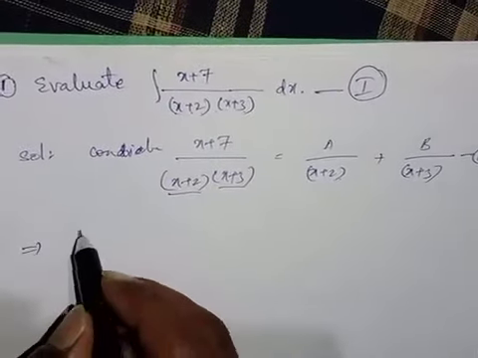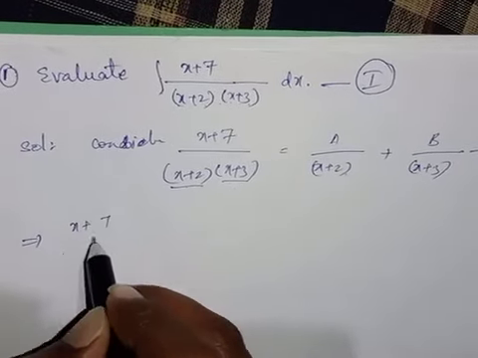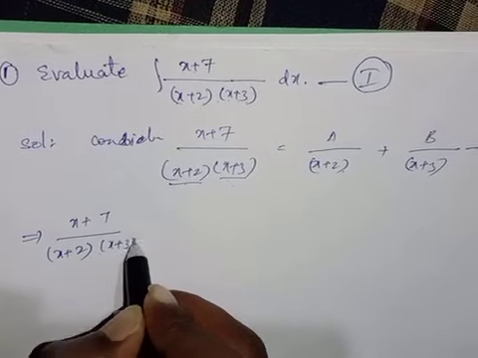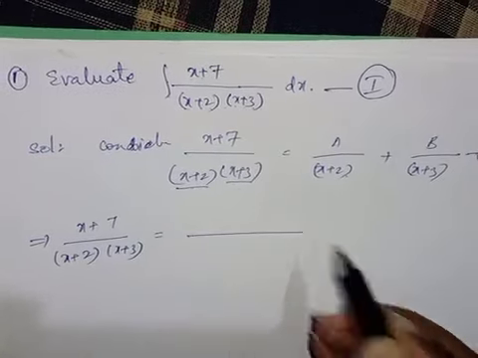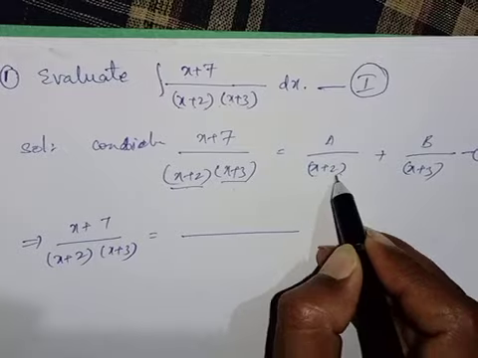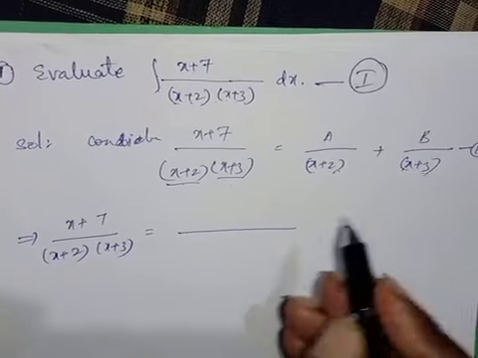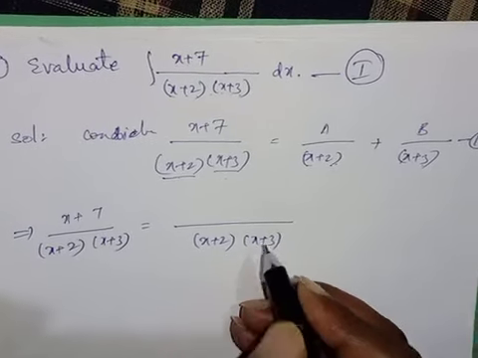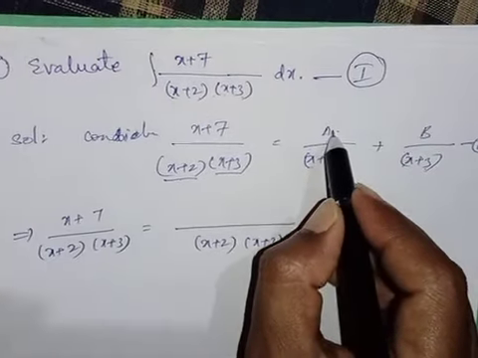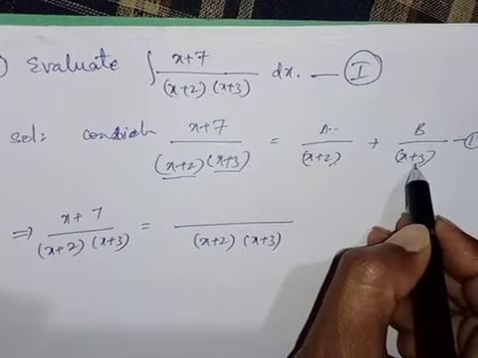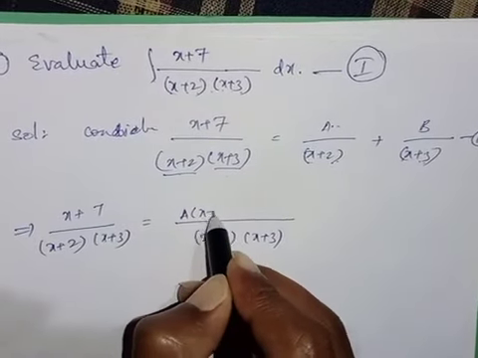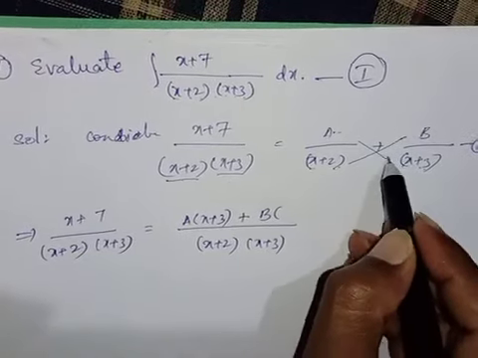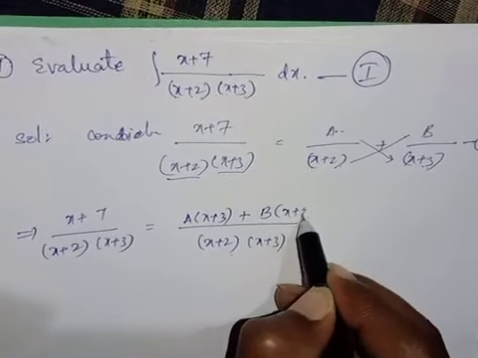That is equal to (x + 7) upon (x + 2)(x + 3), which is equal to, here the first denominator is x + 2, the second denominator is x + 3. The LCM is (x + 2)(x + 3), which means we have to multiply the first numerator into the second denominator: A into (x + 3), plus B into, cross multiplication, (x + 2).